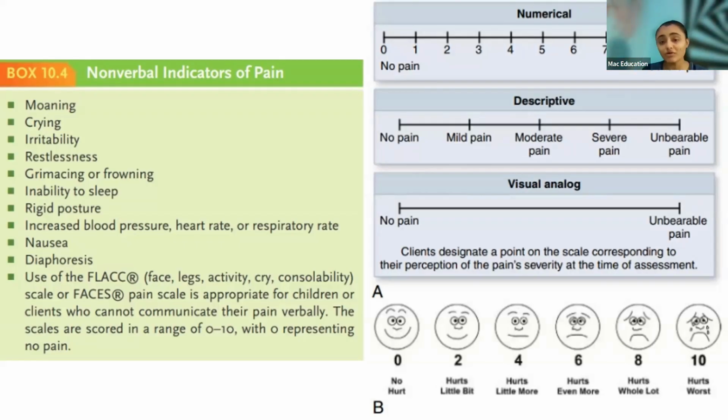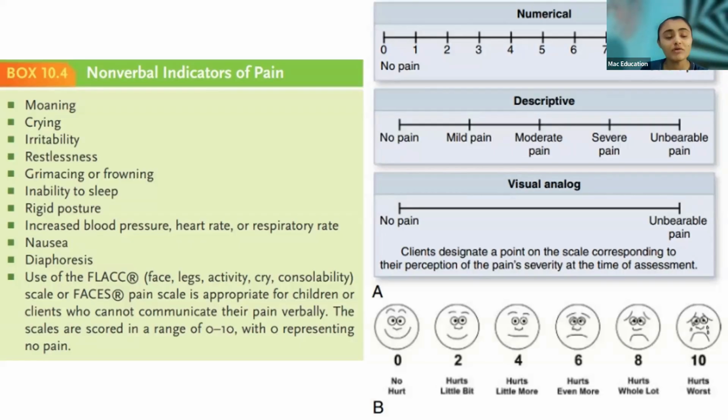So there are four types of pain scale. First is the numerical pain scale. In that, there are numbers 0 to 10. You ask the patient, tell me from 0 to 10, how much pain you are experiencing. Next is the descriptive pain scale: no pain, mild, moderate, severe, and unbearable pain.